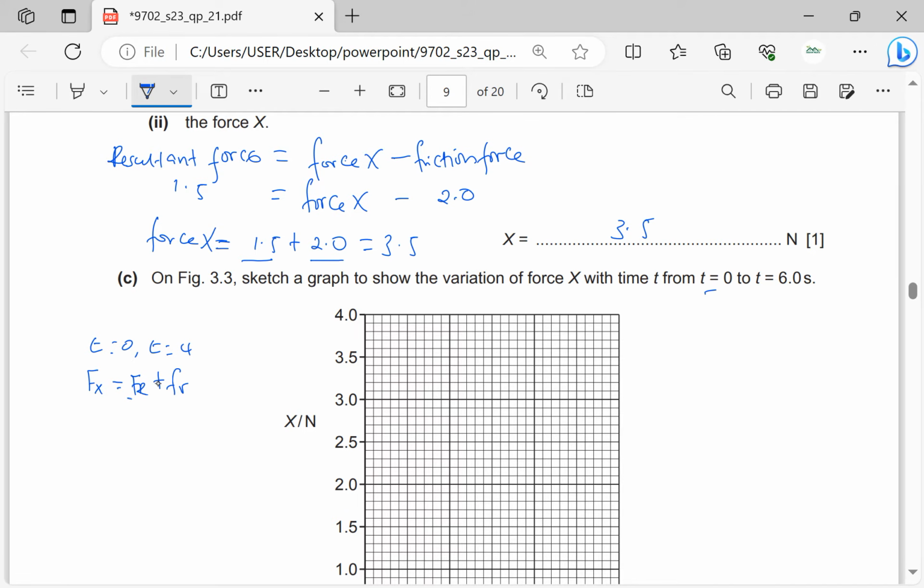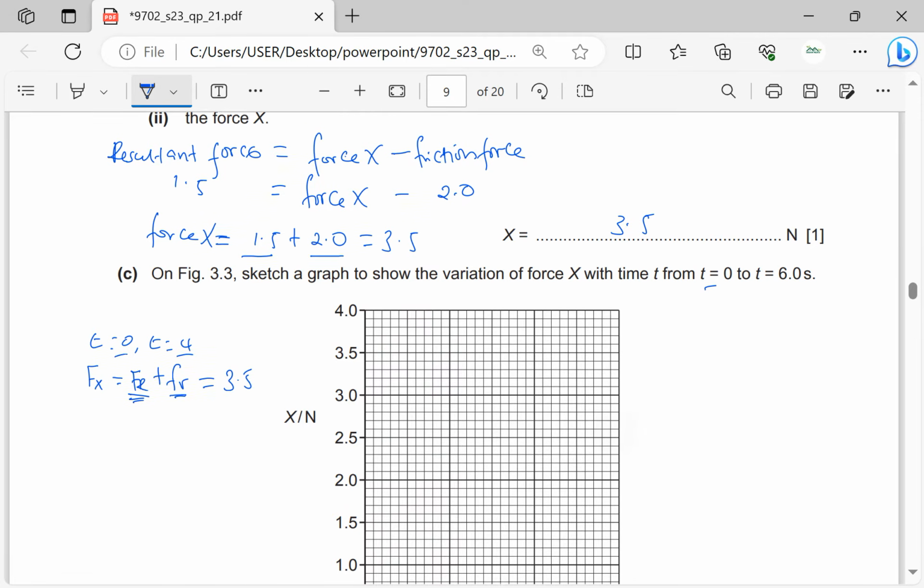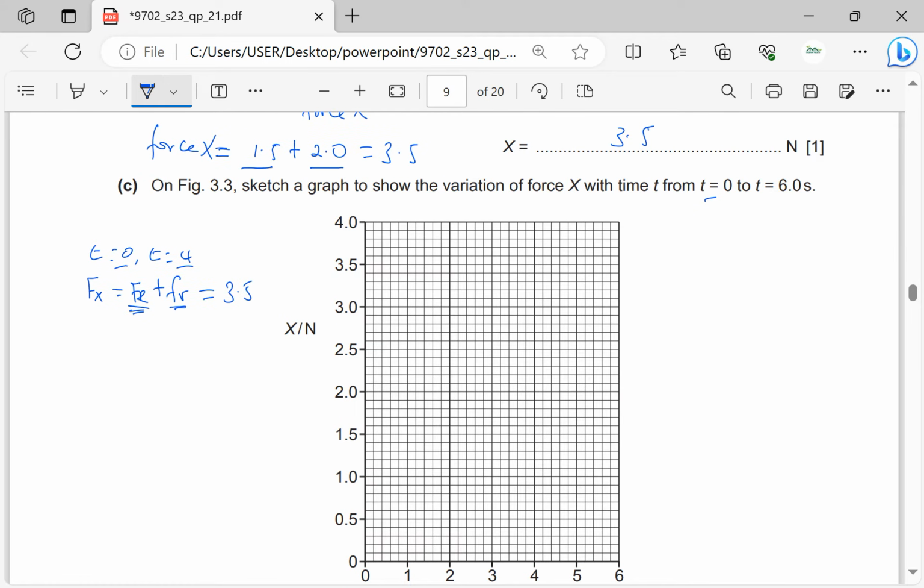So because the resultant force is constant and it was 1.5, and the frictional force is constant and was 2.5, between t equals 0 and t equals 4, Fx is going to be 3.5. And it is constant.